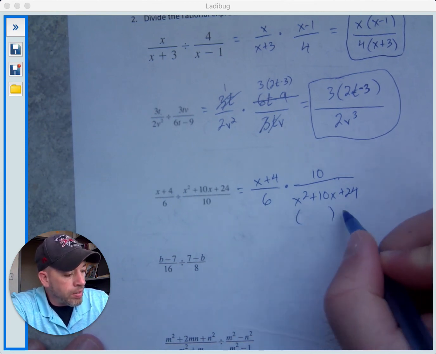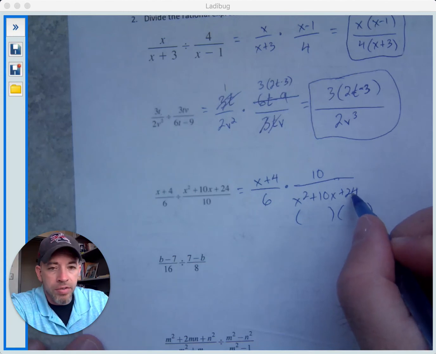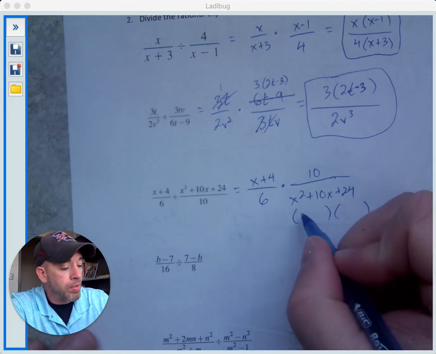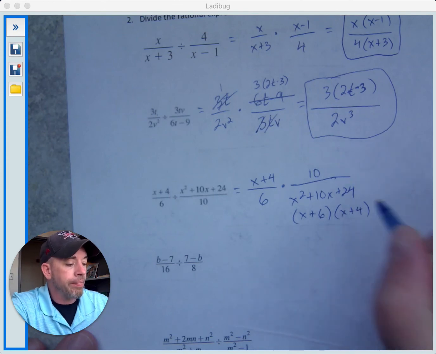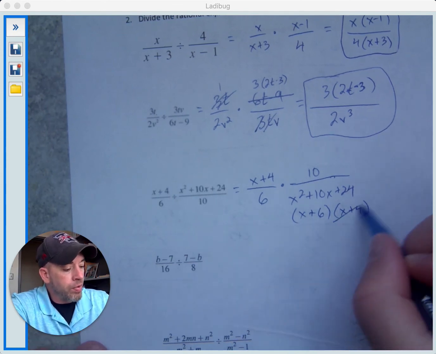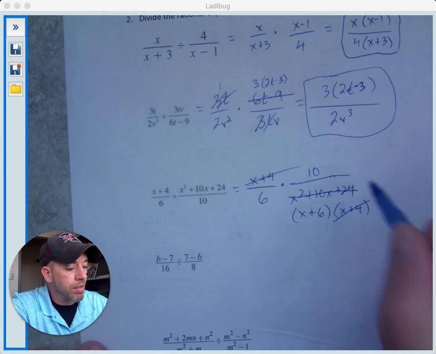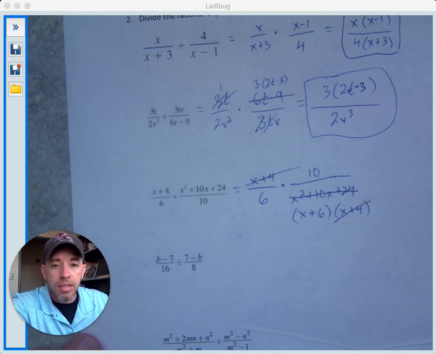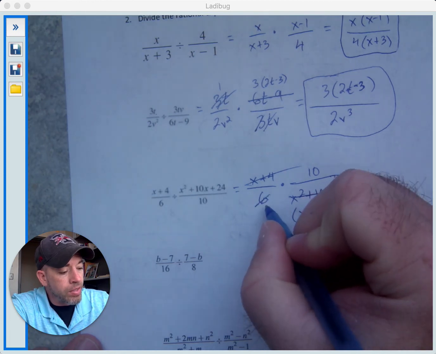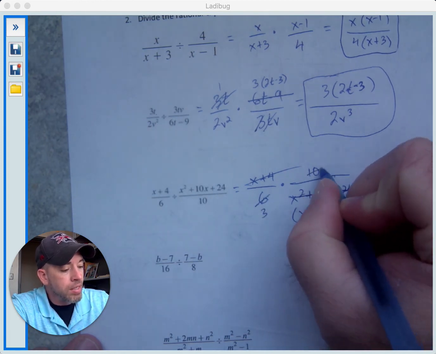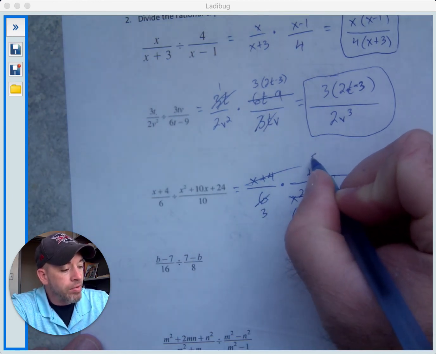Into two binomials. Two factors of 24 that add up to 10. Well, that one's pretty easy. x plus 6, x plus 4, right? x plus 4s will cancel. By the way, that's gone now, right? And let's see, 6 and 10 have a common factor of 2. 2 will go into 6 3 times, into 10 5 times, right?